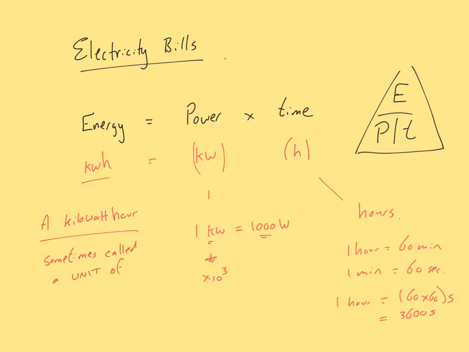Better to write that in capital letters, not to confuse it with units as in hours or seconds or minutes. So it's exactly the same equation as before, but with the added complication, you need to make sure you have your power in kilowatts and your time in hours, if you want to work out your energy in kilowatt hours, and that's what they then use on something like an electricity bill.